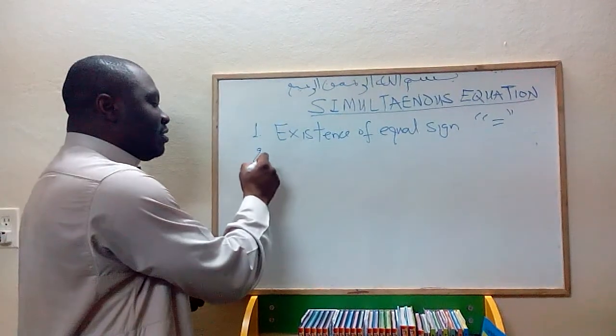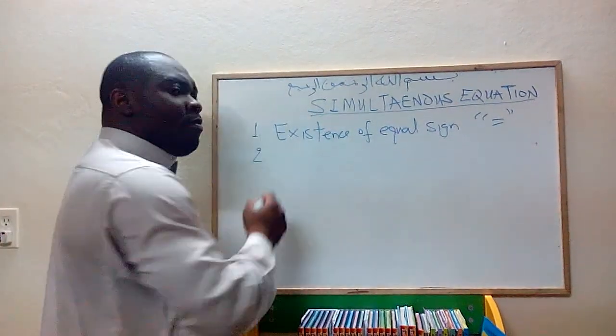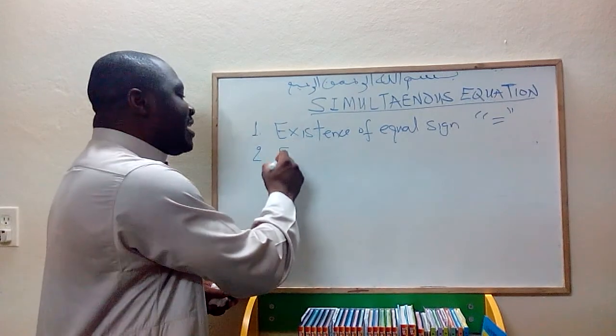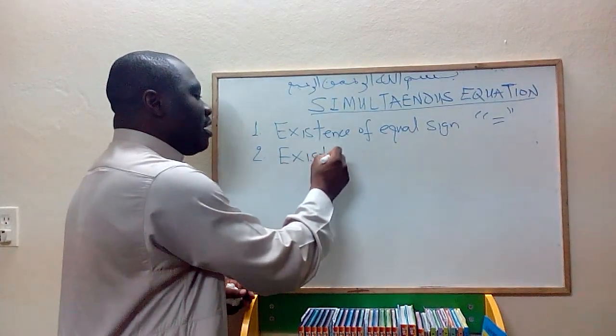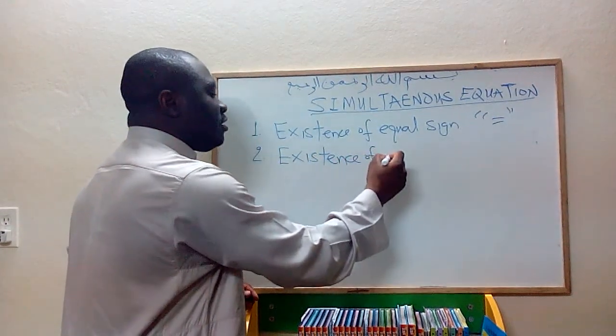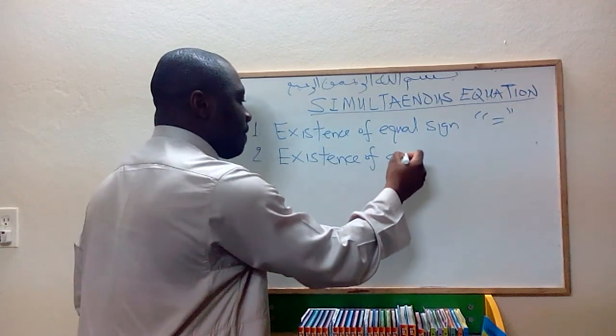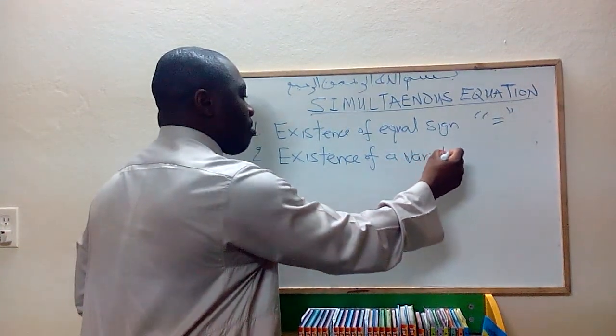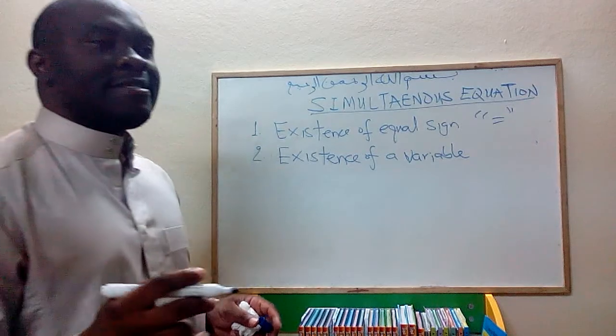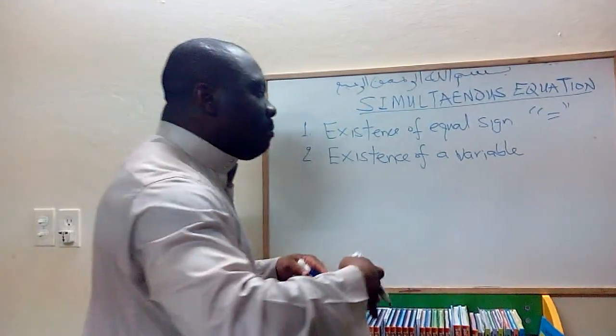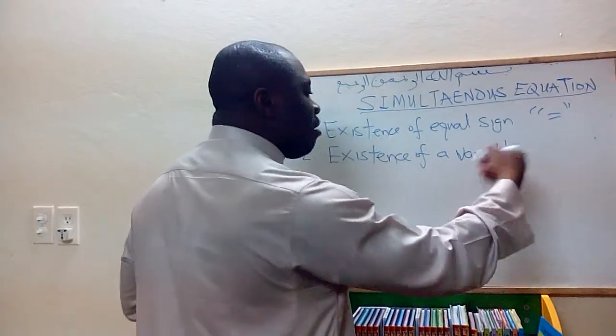Secondly, for an equation, there must also be an existence of a variable. By variable in this sense, I mean normal letters, either Greek or normal alphabet.